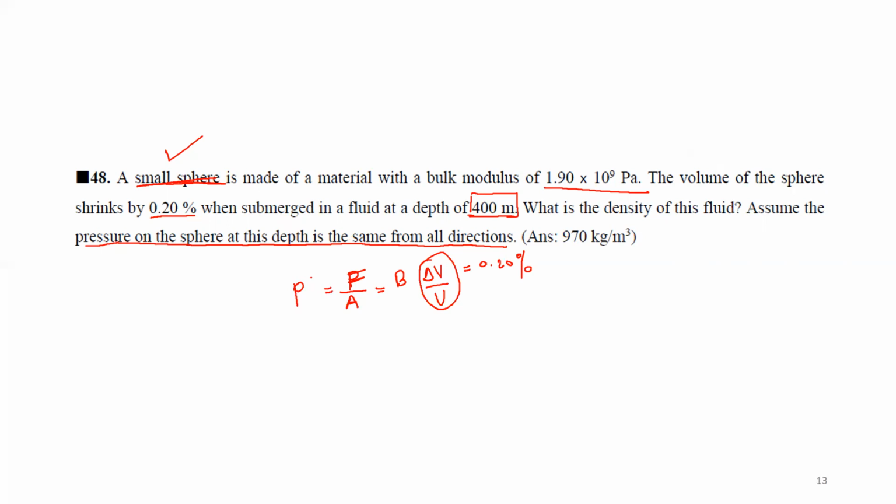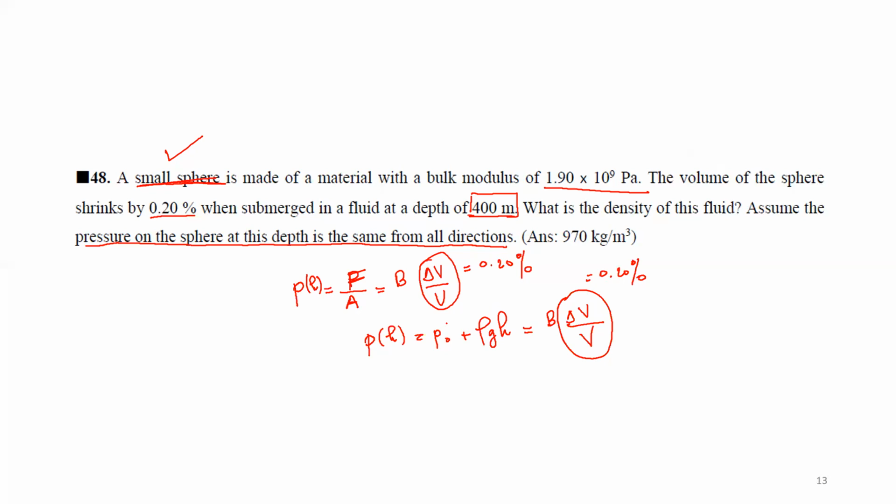But P at a certain depth H, you remember, is equal to P0 plus rho gH. And this is equal to B delta V divided by V. Again, this delta V divided by V is equal to 0.20%, and it's only due to the depth of water.